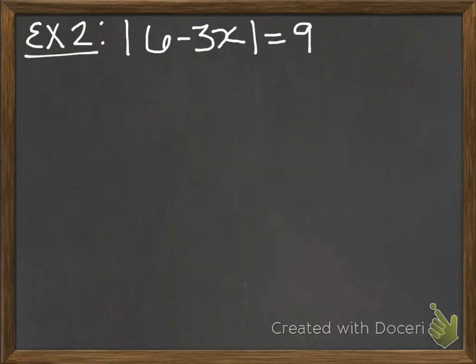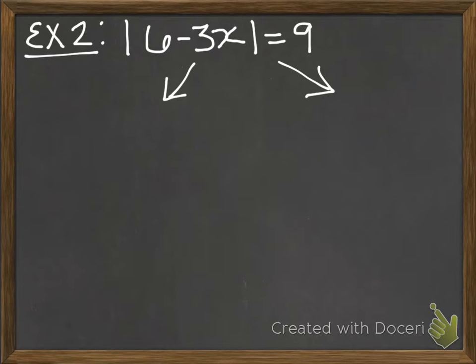So the next example is the absolute value of 6 minus 3x equals 9. And so here again our absolute value is already isolated on the left side of the equation. So again, we're going to break it down into two possible situations.